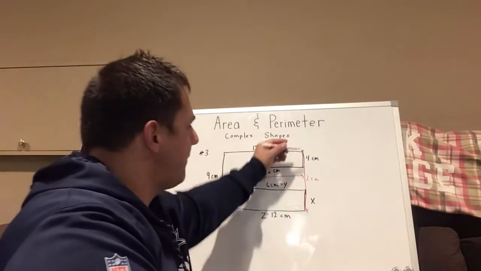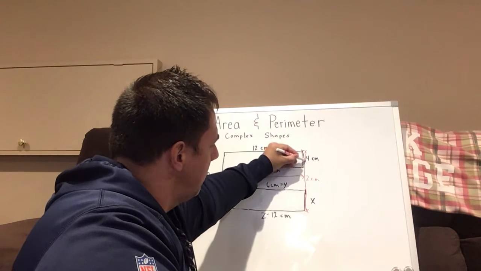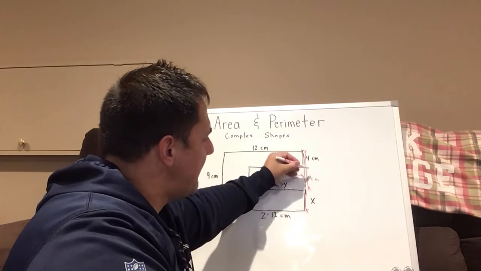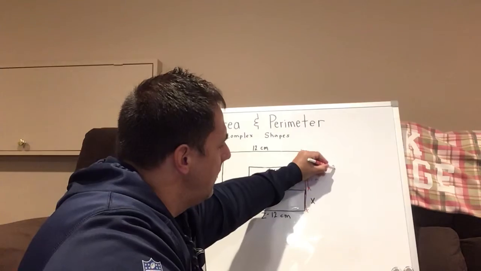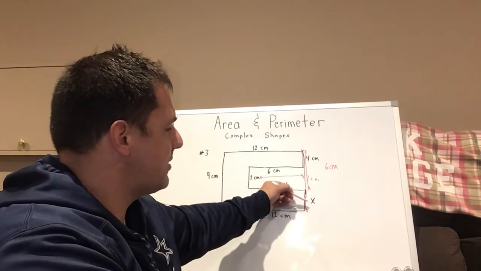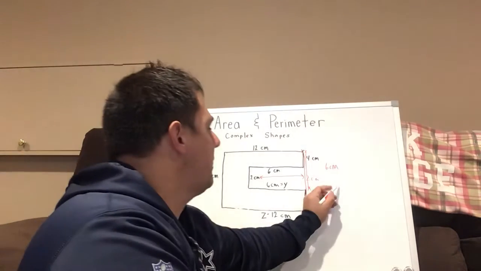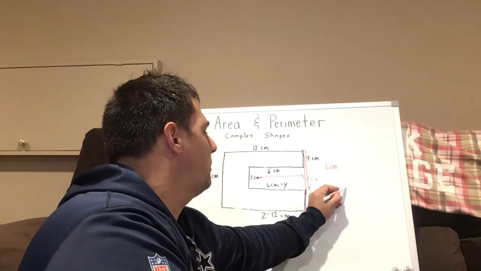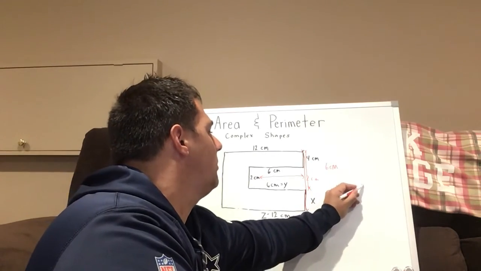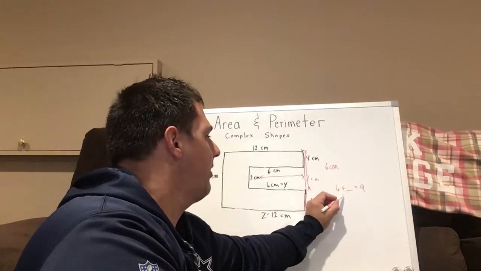So now I know that from this line here to this X here would have to be 6 centimeters. Well, now I can easily figure out this bottom part that's still missing. If I know the total is 9 centimeters long, I know that 6 plus something has to equal 9. And I know that something that's missing would actually be 3.